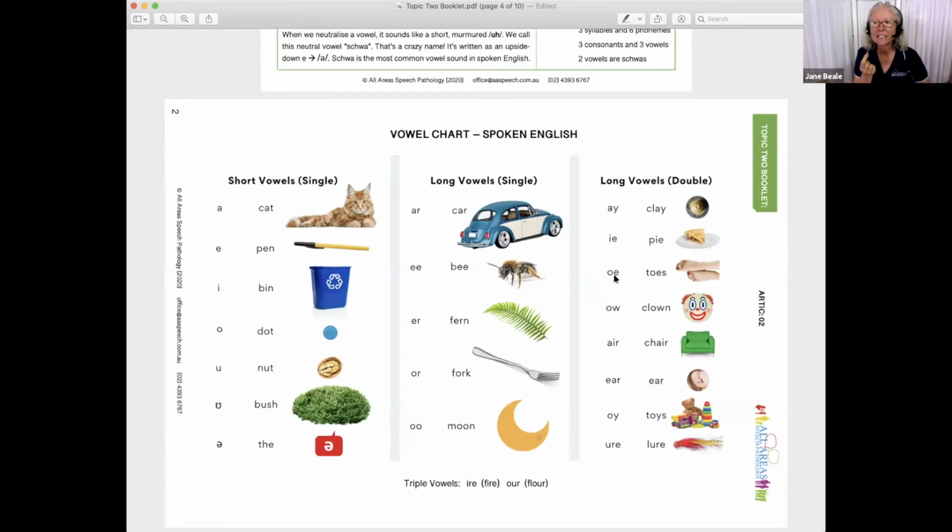With air, it has like a schwa on the end. Air, air. Hear the air. Ear. That has a schwa on the end too. Ear, ear. Oi, oi. That has a schwa. So just take a minute now and say those long vowels, and I'll type those words on that I was talking about.